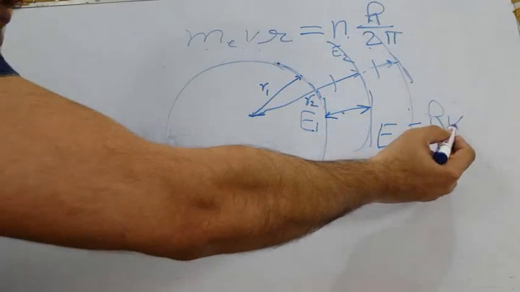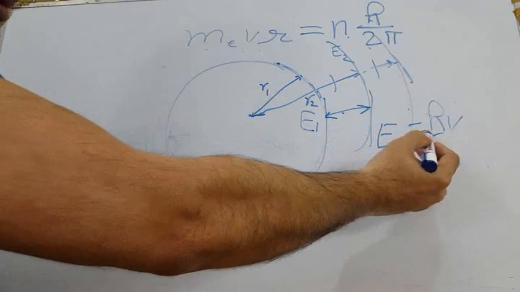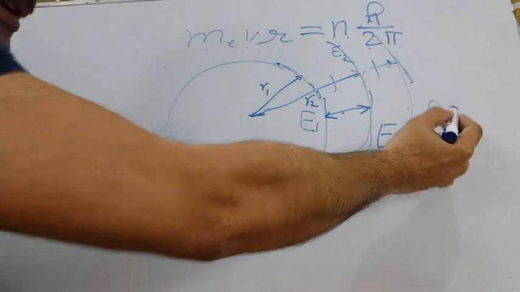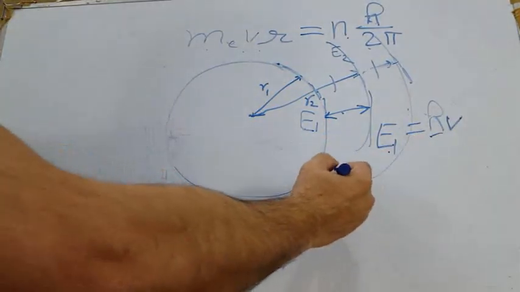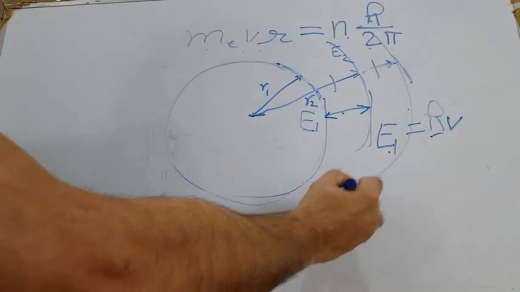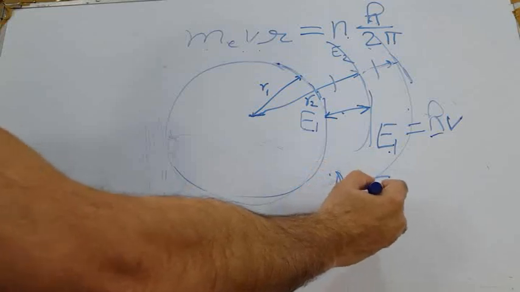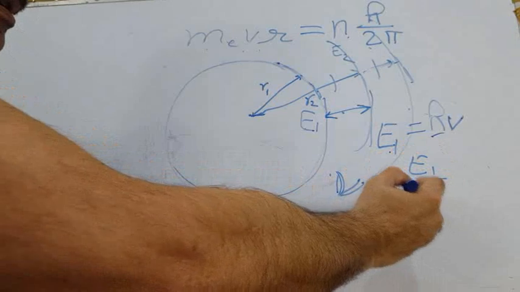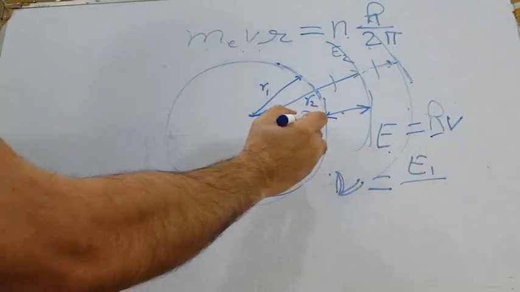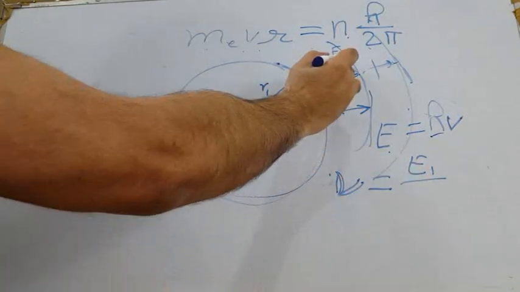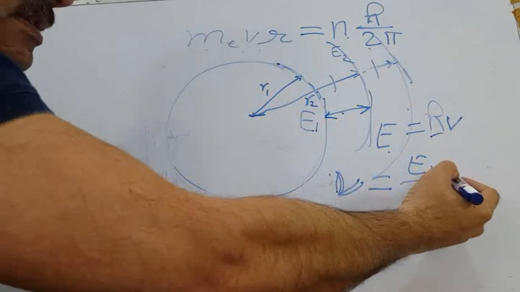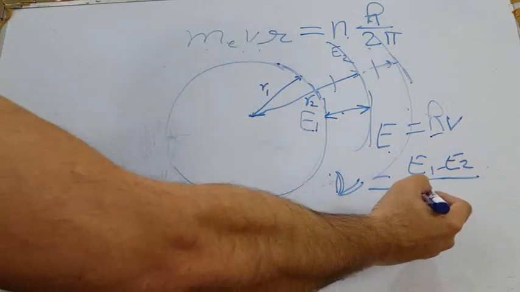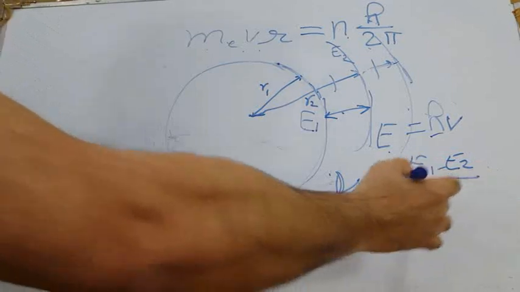E1 would be equal to h nu. h is the Planck's constant. If we know the energy, we can come to know about the frequency emitted. Means nu, frequency emitted, would be equal to the energy difference between E1 and E2, means E1 minus E2, upon h.